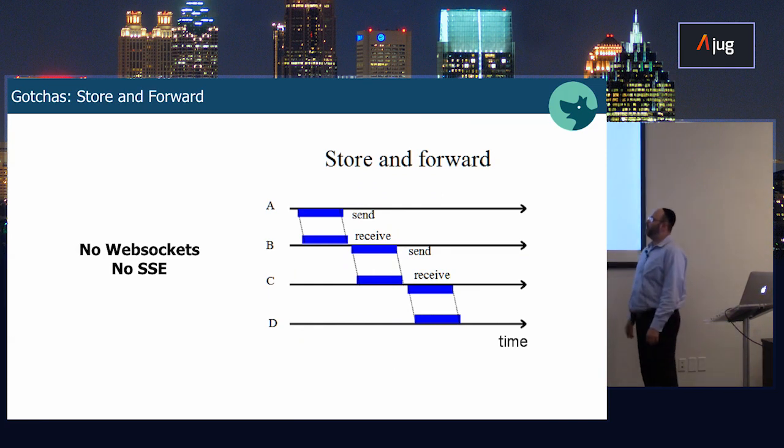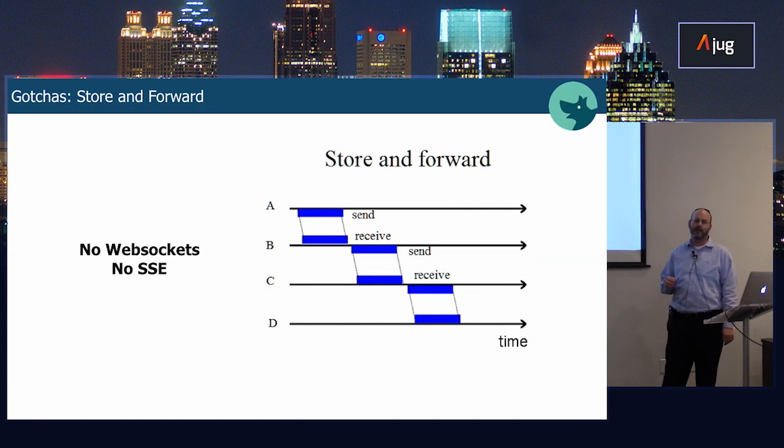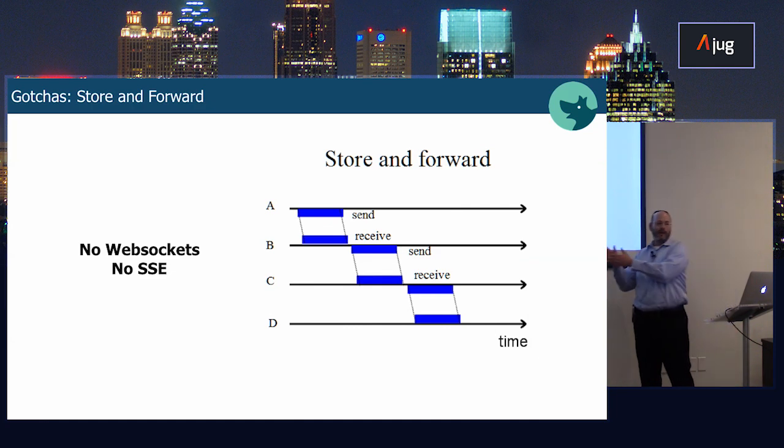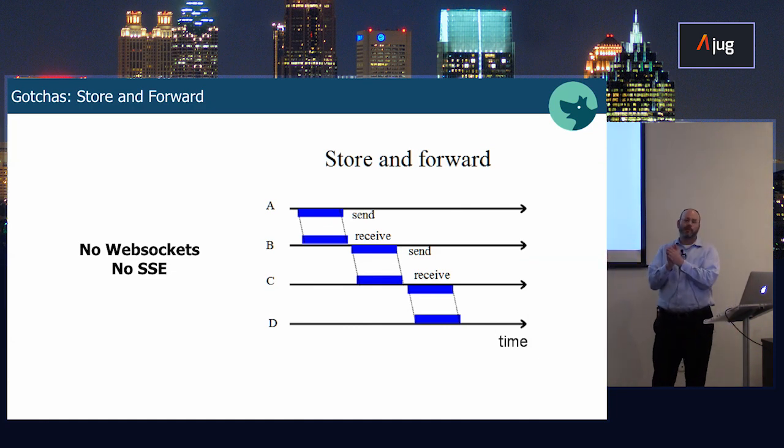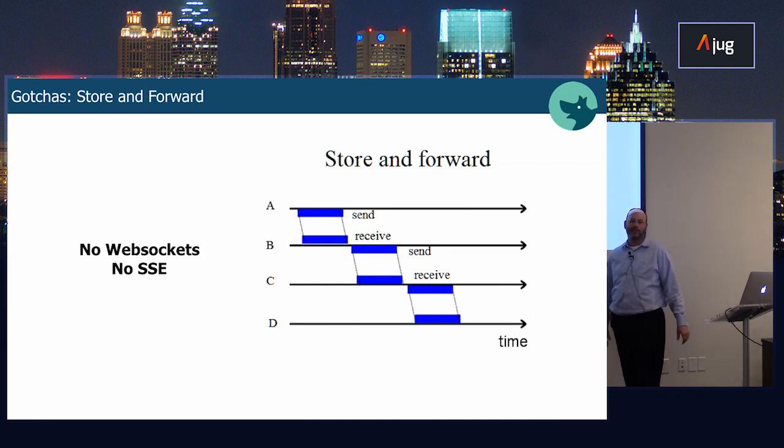The second gotcha is that AWS API Gateway uses a store and forward mechanism, which means that whatever the backend is, AWS API Gateway will wait until the backend is completely done servicing the request. It will wait for the request in its entirety, capture it, and then pass it back to the client. So you might say, what's the big deal? That sounds pretty standard.